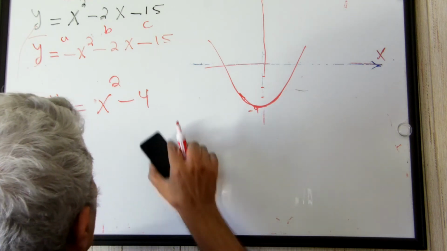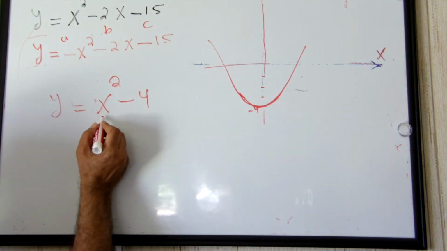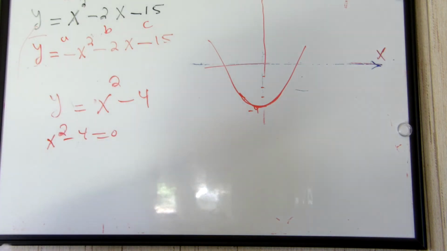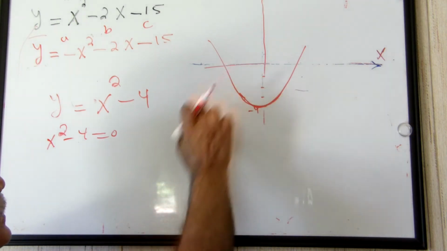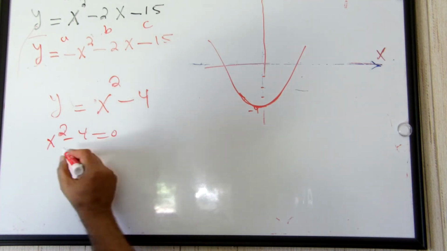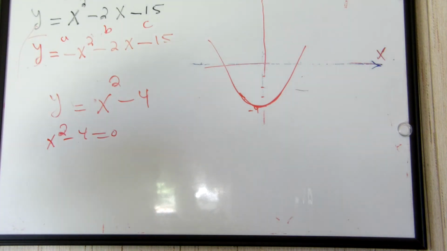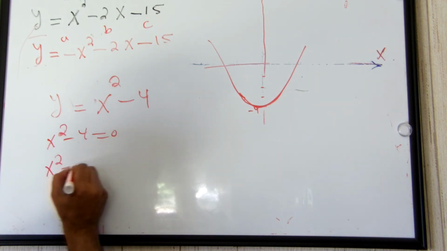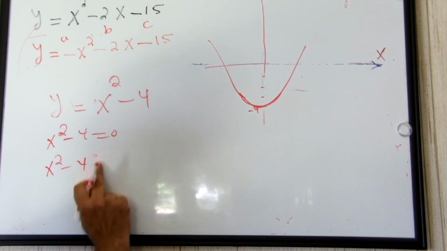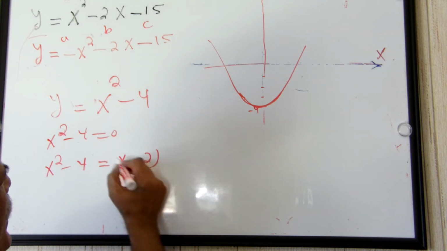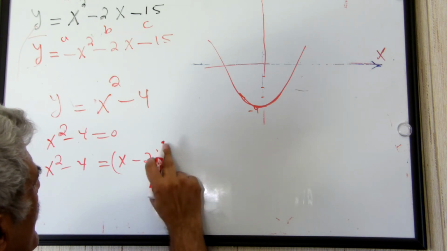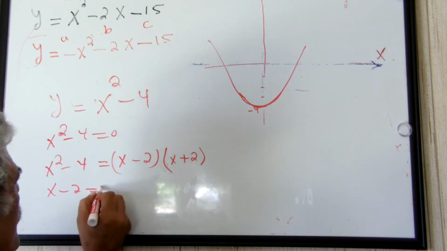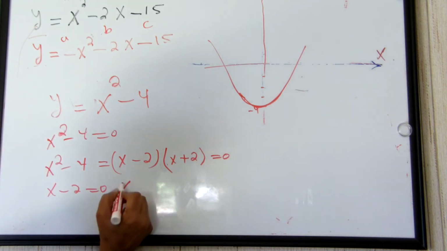Oh, and if you write it in factor form, x2 minus 4 is equal to 0. We set y to 0, so we can find where it intersects the x-axis. We know that this is a perfect square. We can write x2 minus 4 as x minus 2 times x plus 2. Either one of them has to be 0 in order for the product to become 0. If x minus 2 is equal to 0, x is going to be 2.